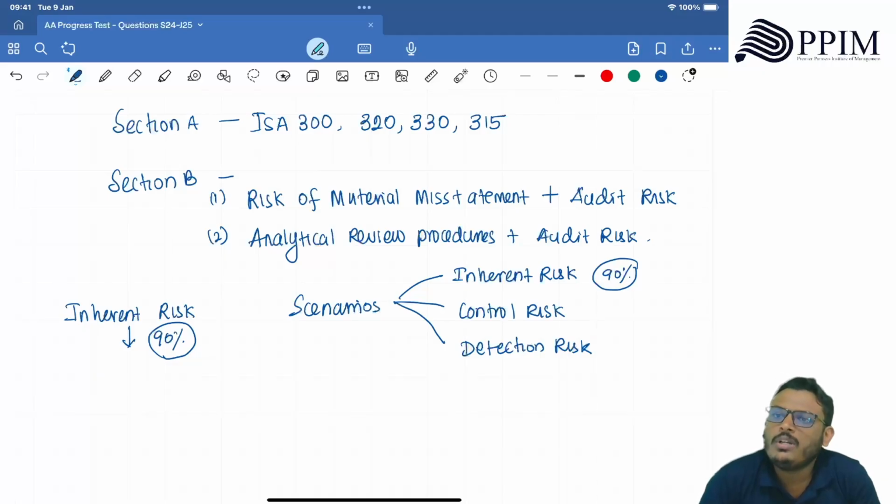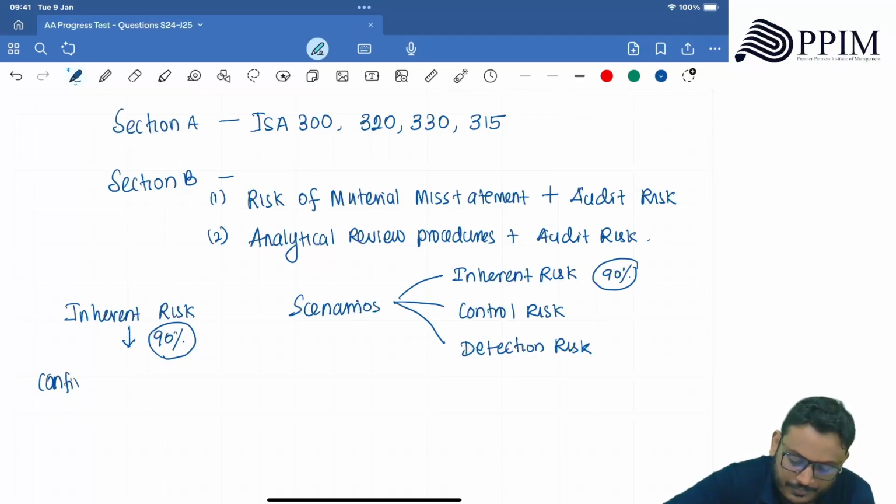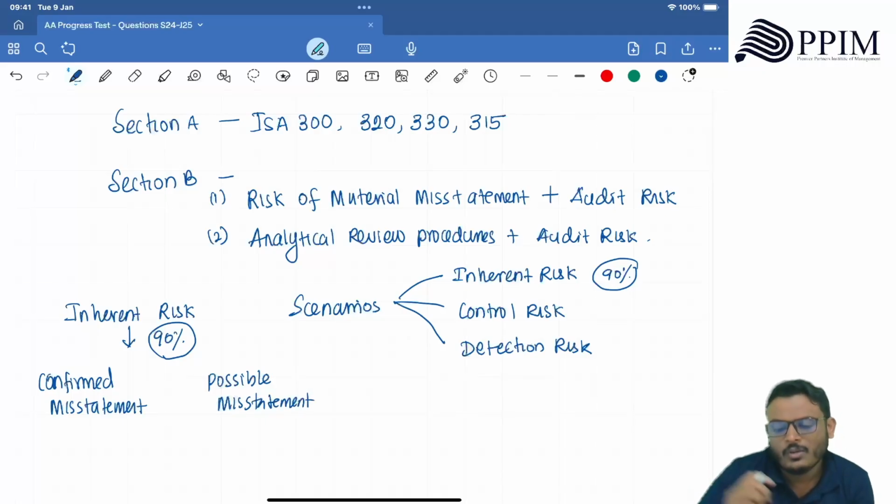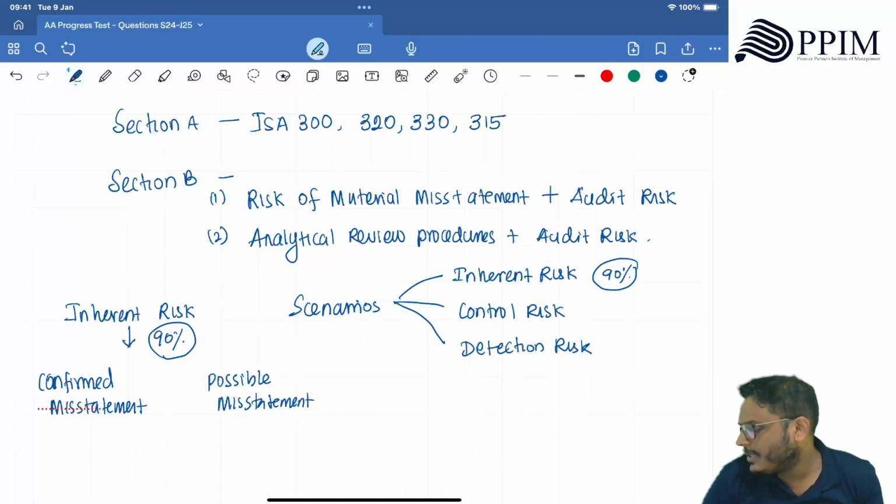There are two types of case combinations possible. One is confirmed misstatement, two is possible misstatement.